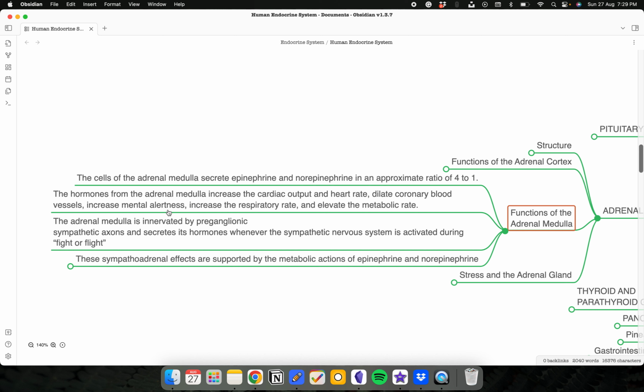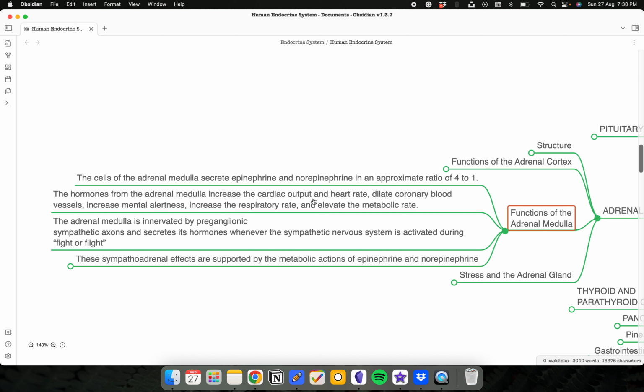Say for instance you are exercising, working out: your heart rate is increased, your coronary blood vessels are dilated, and so you are in a mentally alert condition. Plus there is an increase in respiratory rate and an elevated metabolic rate.